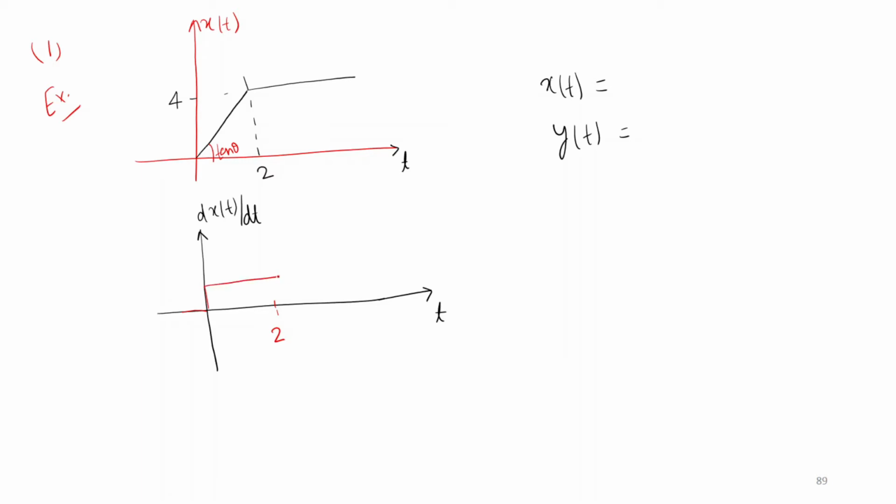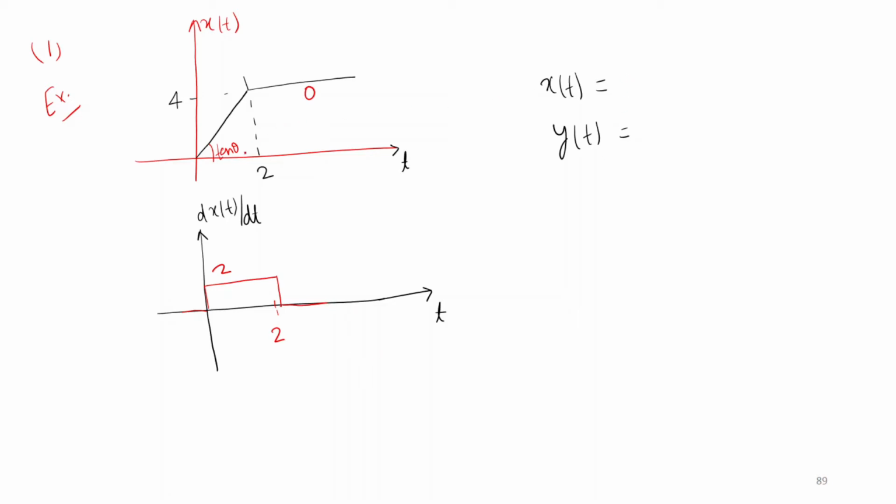From 0 to 2 you will get a step signal of amplitude 2, and then this is a line, slope is 0, so this is 0. Okay, so this is your output because its slope is 0.